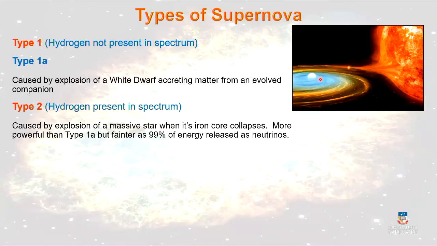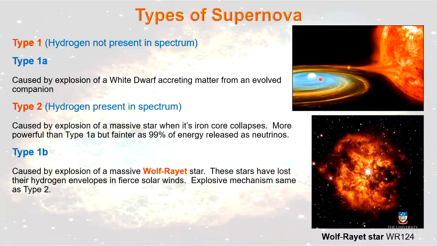And this is where it gets confusing, because we have a type 1b. So it's a type 1 because hydrogen is not present in the spectrum, like a 1a. But it's the same mechanism as a type 2. So it's the explosion of a massive Wolf-Rayet star. So these are massive stars that produce so much radiation that they're actually blown off their hydrogen envelope just by sheer energy.